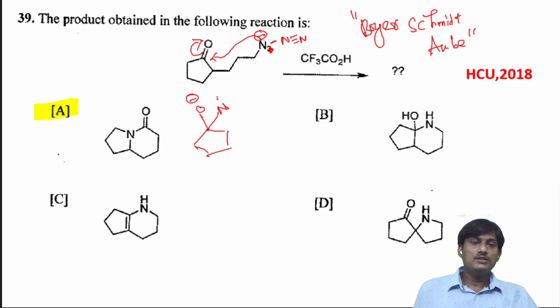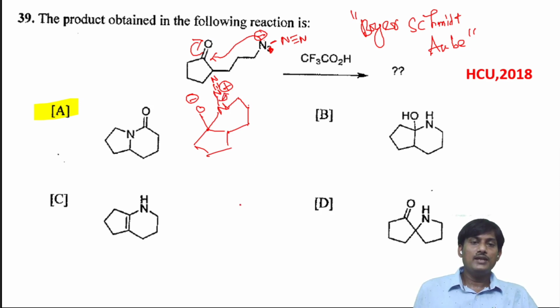This one is attached with N triple bond, and this one has a positive charge. In between we have 3 carbons, 1, 2, 3, and this is the intermediate we will get.